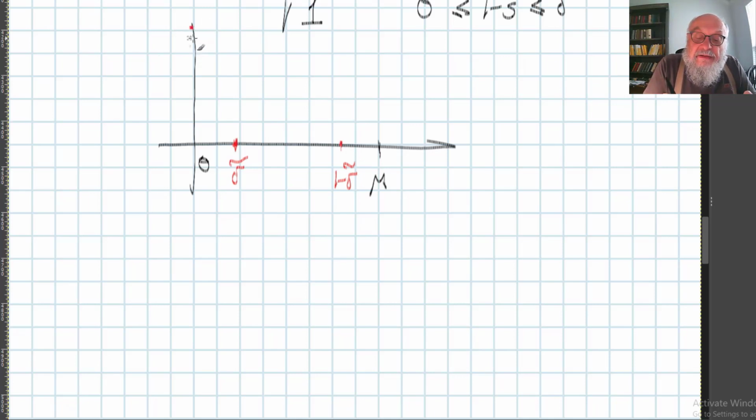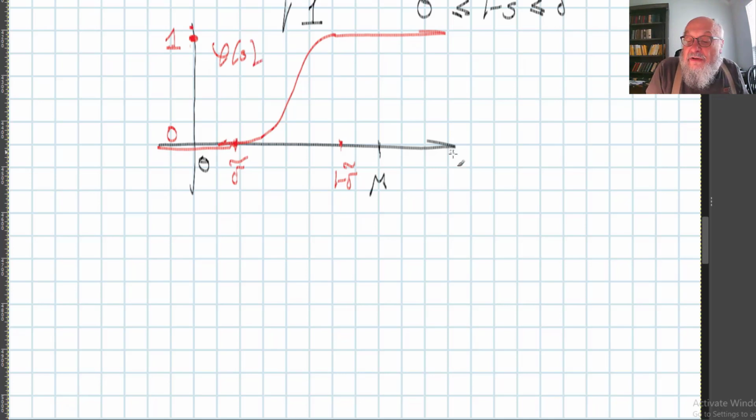Here, maybe put it here, 1. This one is 0, so this one is a function that looks like that, and it's smooth. So this is my function phi of s. So as s is here, we have 0 here, it will be 1. Here it will be 1.